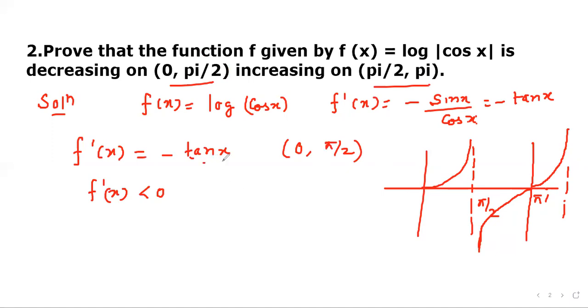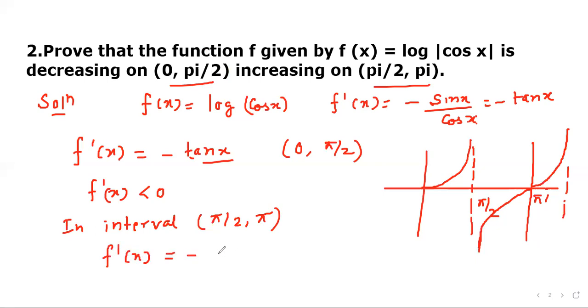So if tan x is negative, in that case, negative of negative will become positive. So in interval pi by 2 to pi, f dash x will be negative of negative, that is positive, which means it is greater than 0. Hence, function is increasing. So our purpose is served.